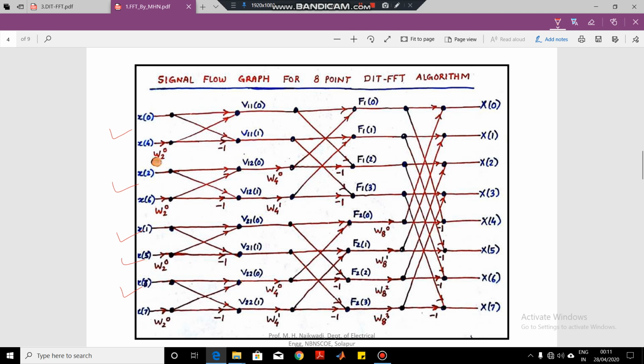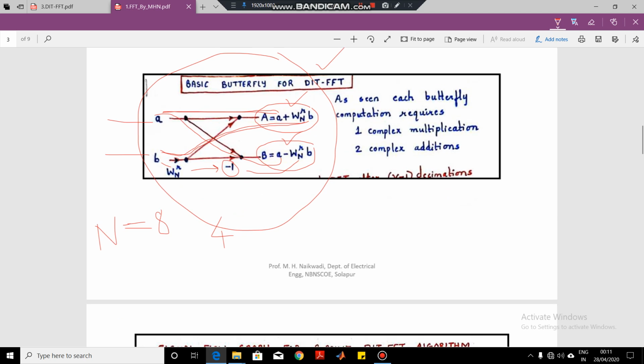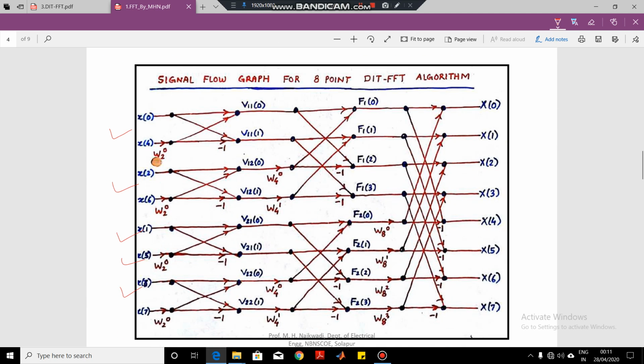So these are the inputs to the butterfly, and this is the basic butterfly. Here it was W_N^R, so our twiddle factor is W_2^0, W_2^0, W_2^0, W_2^0, and here we have minus 1, minus 1, minus 1, minus 1. So what will be the value of X1[0]? It will be x[0] plus x[4] into W_2^0, as per the previous calculation.